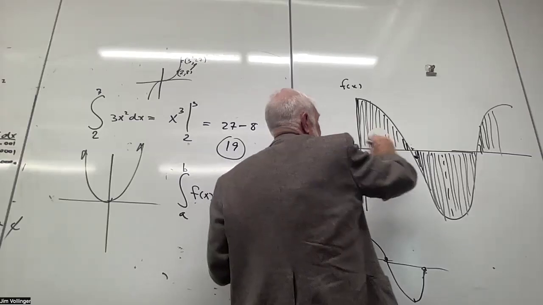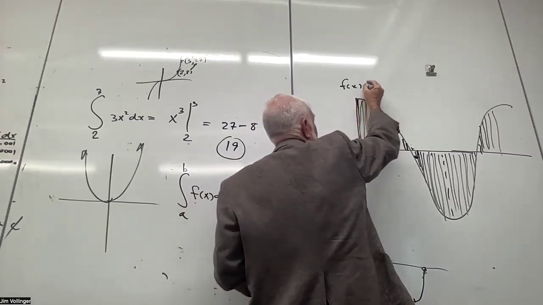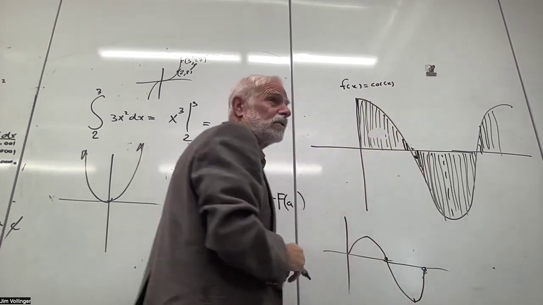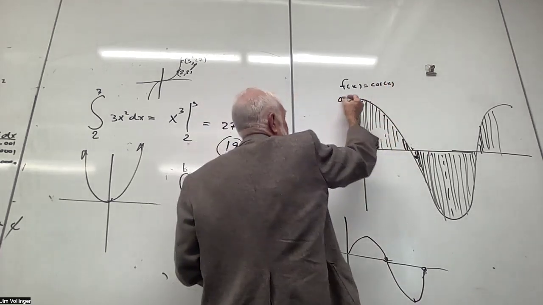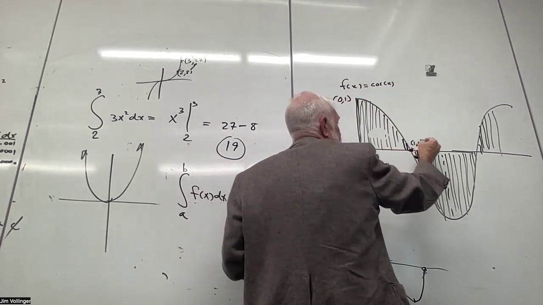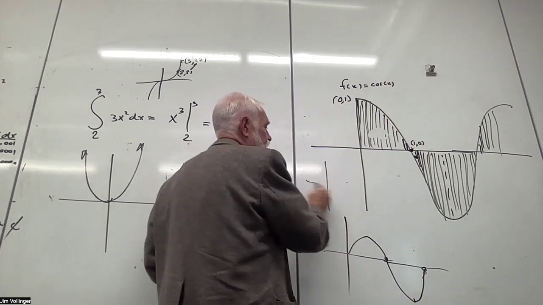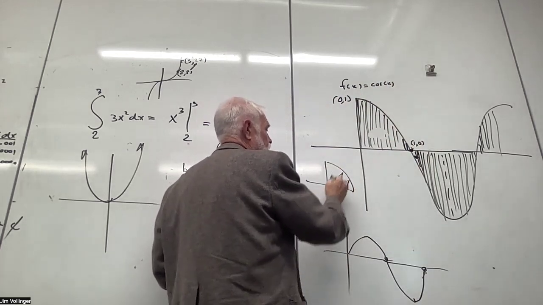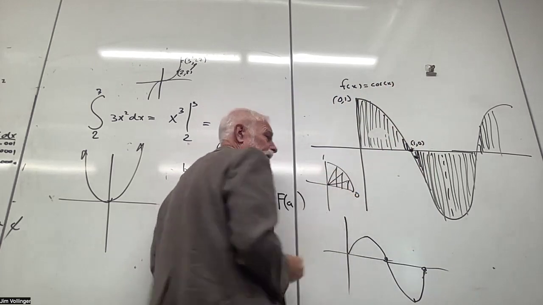Well, it turns out that if this was the cosine function, and maybe you recognized it as the cosine function, depending upon where you are in your high school career, that starts at 0, 1 and goes to 1, 0. And what happens in the first 90 degrees to the heights in the unit circle? The heights do what? The first 90 degrees, they go from 0 to 1.